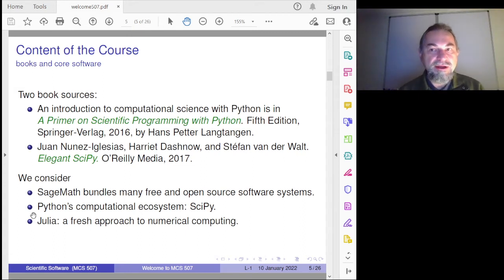In particular, at the time when I started teaching this course, Python came up as a very suitable language, environment and ecosystem for scientific programming. There are 2 books here that I mention. I think the second reference, Elegant SciPy, might even be freely available online.